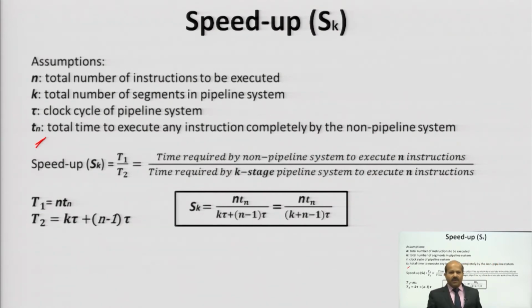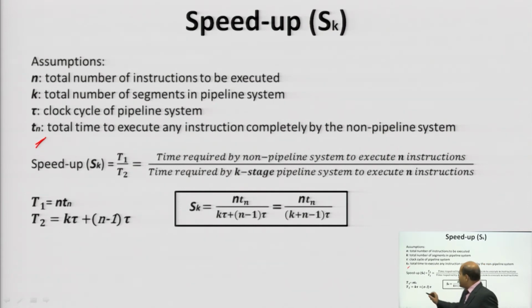What is capital T 1? As I said, there are n instructions and each instruction takes t n time, so T 1 will be n times t n. And what about T 2? As I said, in the time space diagram, in the first case the pipeline system behaves like a non pipeline system, and after that in every clock period tau the system produces the next output.